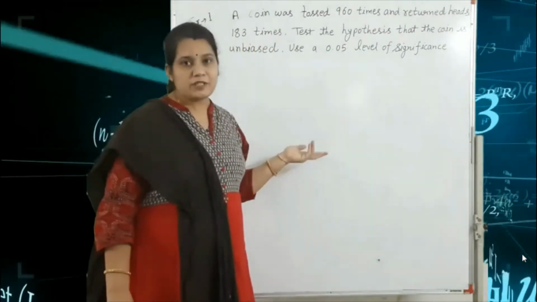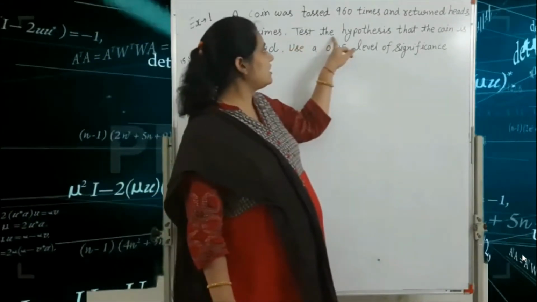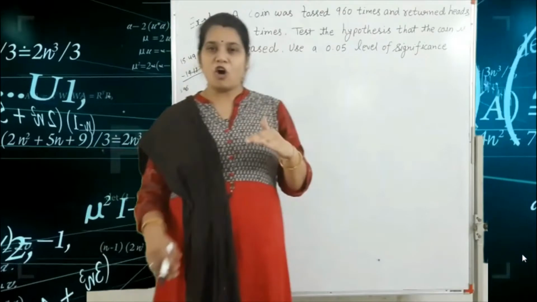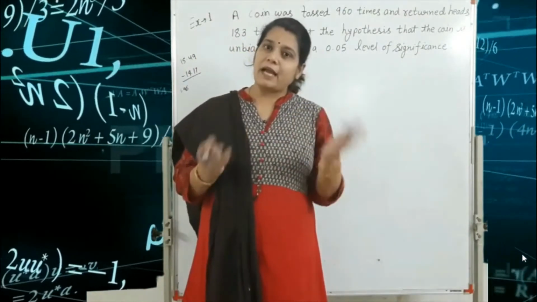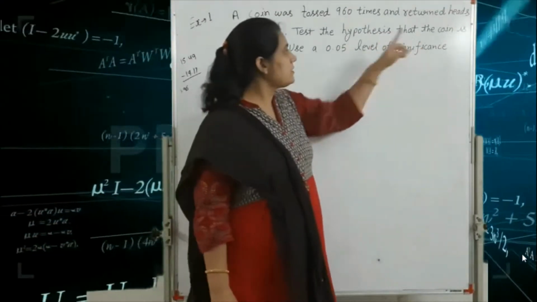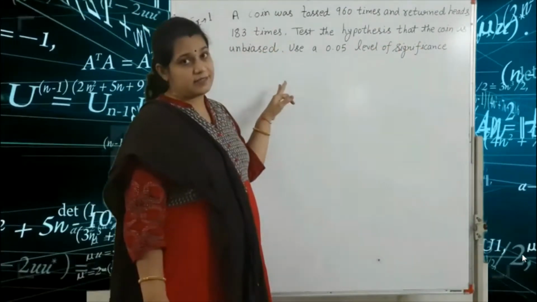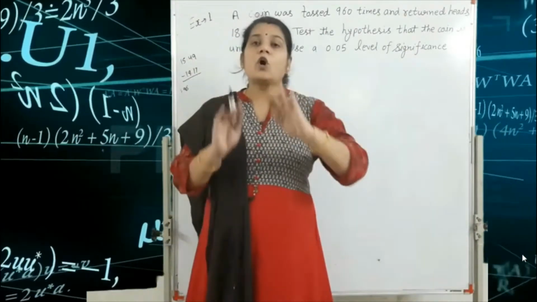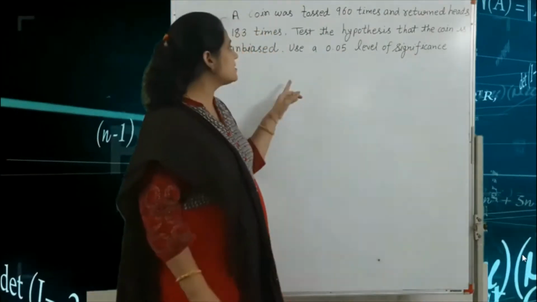Test the hypothesis. See here carefully, test the hypothesis means this question depends on the chapter applied statistics, that means the hypothesis, that the coin is unbiased. That is the claim: the hypothesis is that the coin is unbiased.